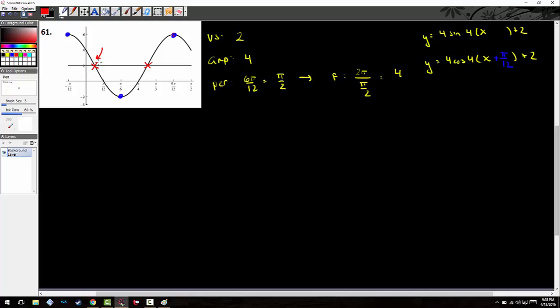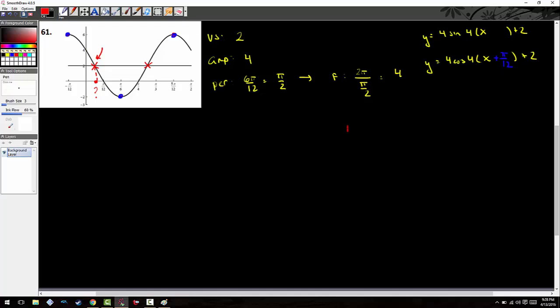Since I don't have an exact value right here, I have to find out where that is. Well, that position is going to be halfway between this peak right here and this valley down here. So I'm going to average them out.